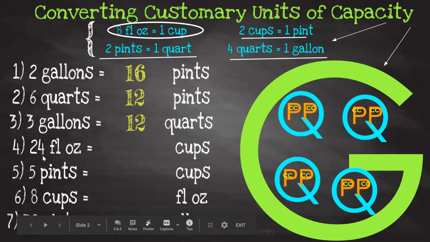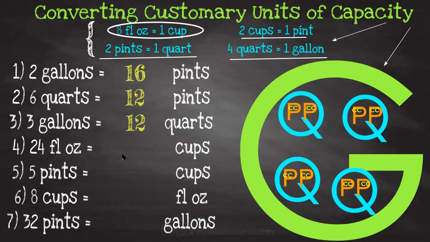Next, we have 24 fluid ounces equals how many cups? We want to look up here for this one because we weren't able to fit it in our visual. Ounces are actually smaller than 1 cup. So since we're going from a smaller unit to a larger unit, we don't multiply. Now we have to divide.